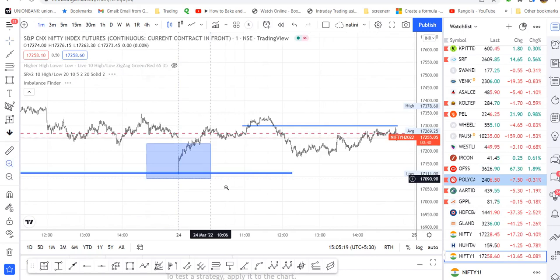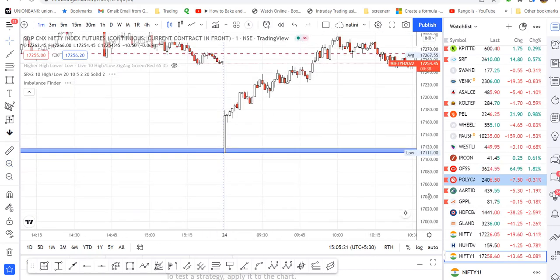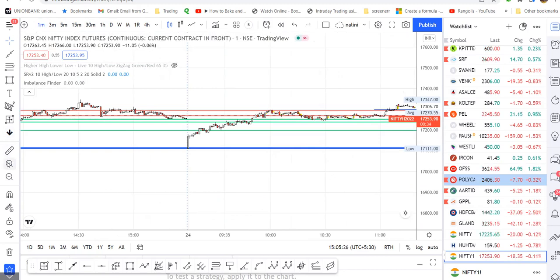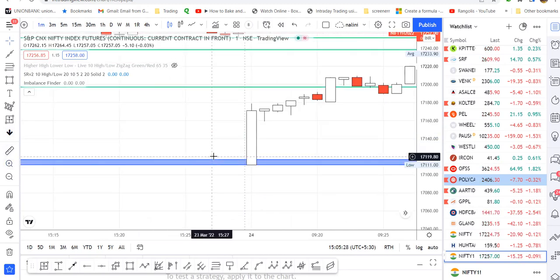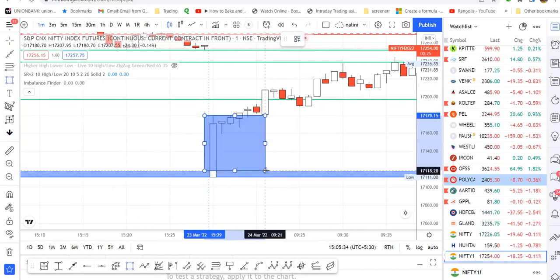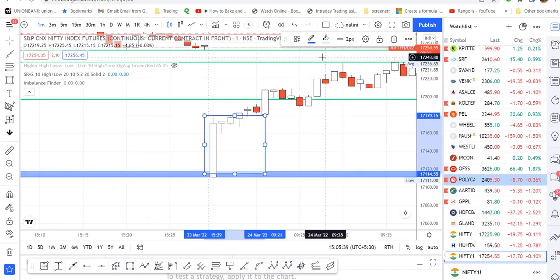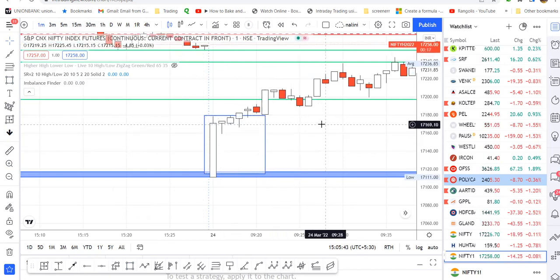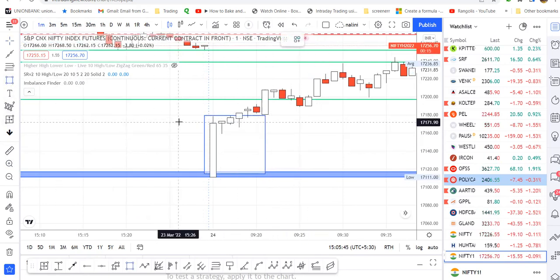Look at this 1 minute chart. I marked the 1 minute high and low like this. This is the high and low of the 1 minute candle.